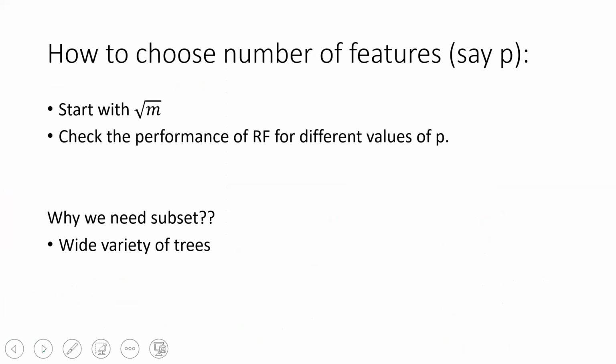So now can you create the random forest? It's easy. Remember two things only. Always take the bootstrap sample, and the second thing, never take all the features. Always take some subset of the features to create the decision trees. And every time, for every estimator, take a different subset, not the same subset. Why are we doing that? Why do we need a subset, why not every feature? And why do we need bootstrapping?